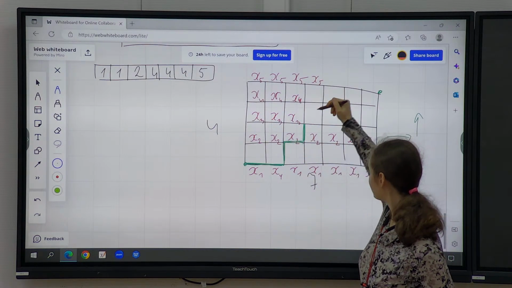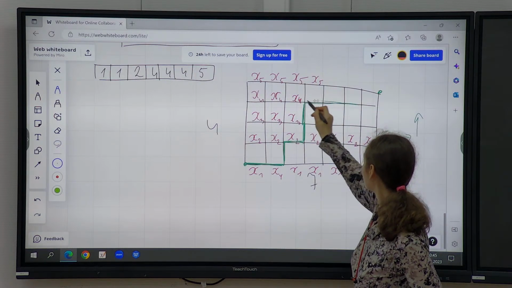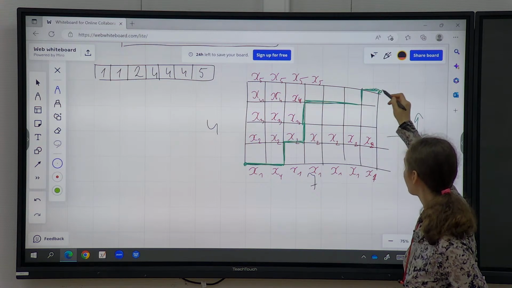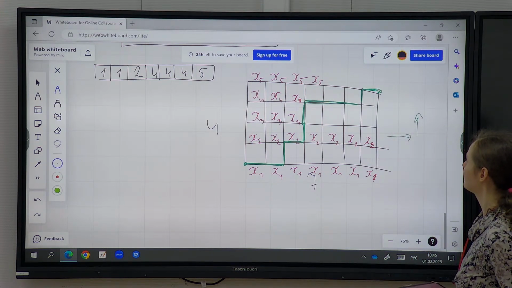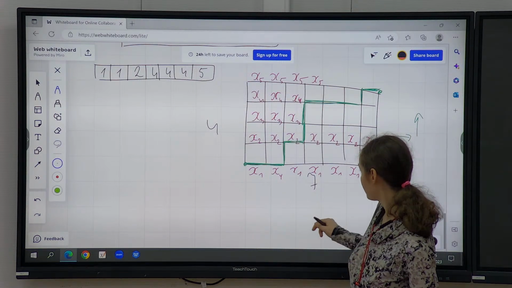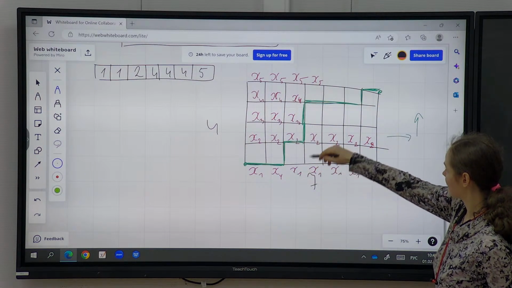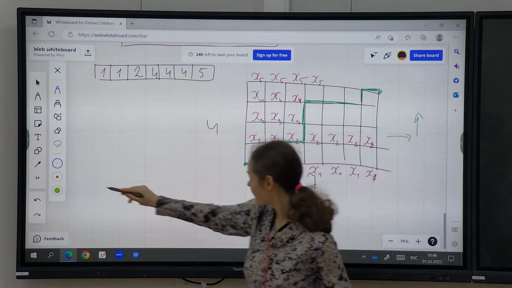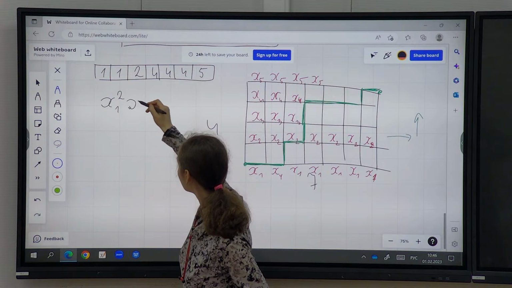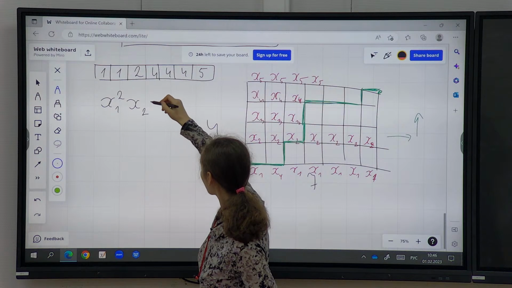Then I have 0 steps on the third floor, so I immediately go up. Then I have 3 steps on the fourth floor. And 1 step on the fifth floor, that is the roof. So if we multiply all the variables along the path, we will obtain exactly the monomial that corresponds to this row.